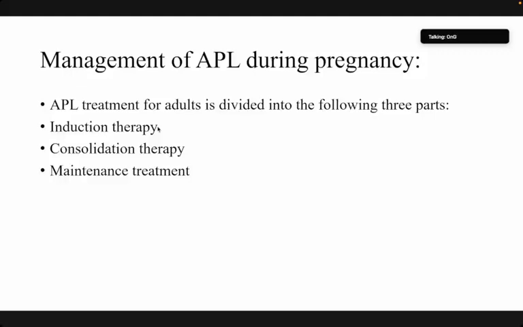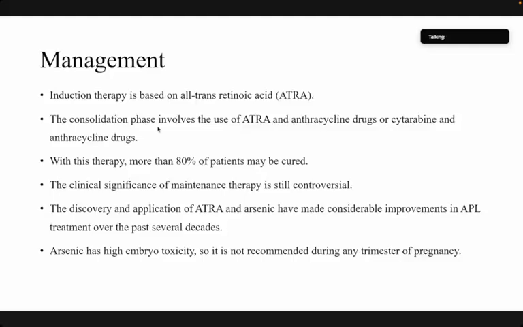So in terms of the management of APL during pregnancy, APL treatment for adults is divided into the following three parts: induction therapy, consolidation therapy, and maintenance treatment. Induction therapy is based on all-trans retinoic acid, ATRA.